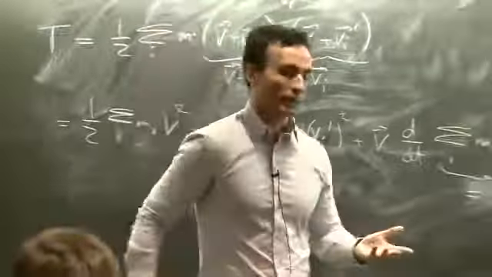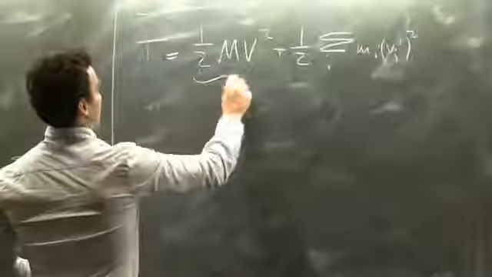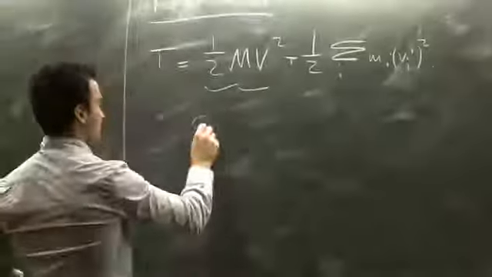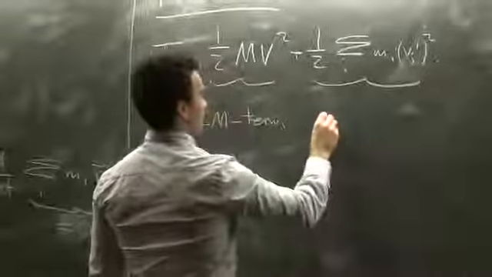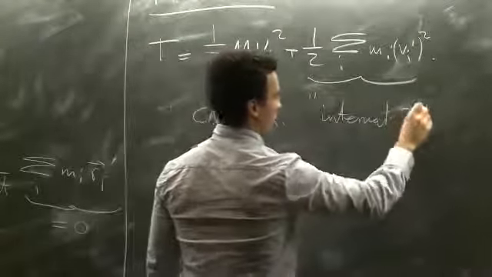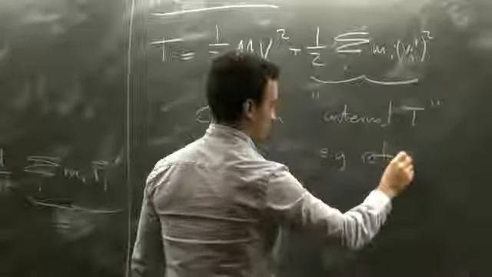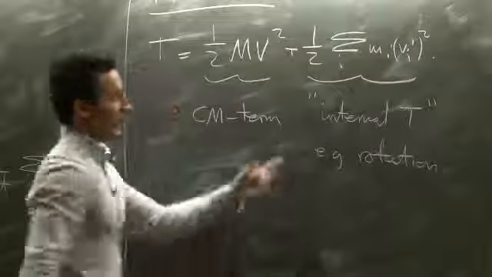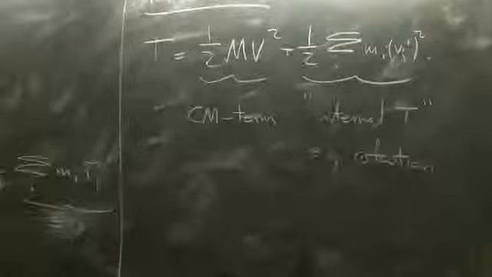And that is precisely what is described by this term. So this is the center of mass term. And this is the internal kinetic energy, for instance, describing rotation.